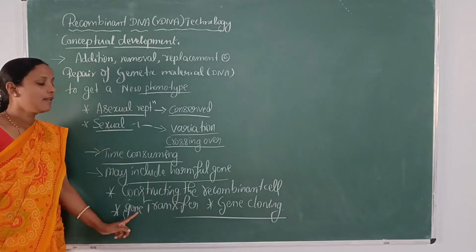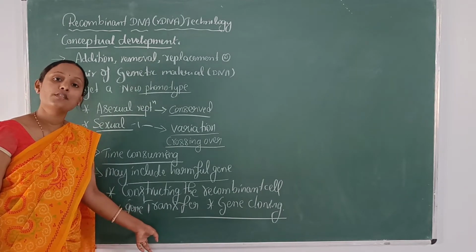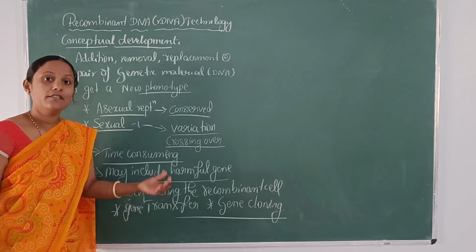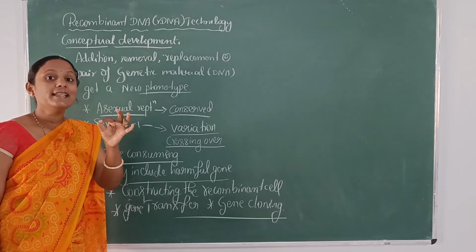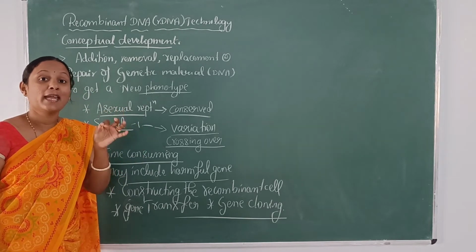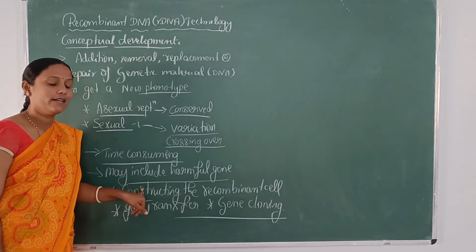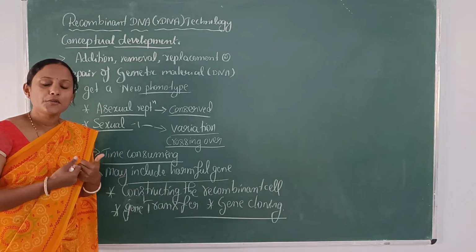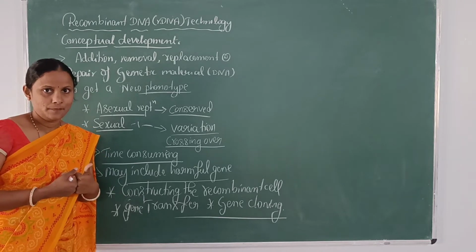So, from there, the concept of recombinant DNA technology, that is, it is possible to create a recombinant cell. Whenever we create a recombinant cell, then only the desirable genes or the gene of interest can be introduced or expressed here, in the laboratory condition, in order to get the product of our interest.